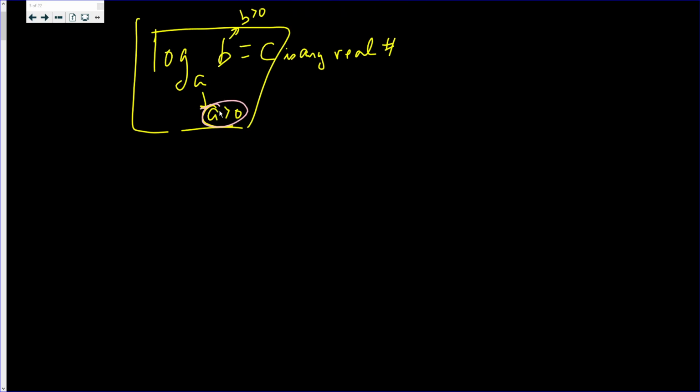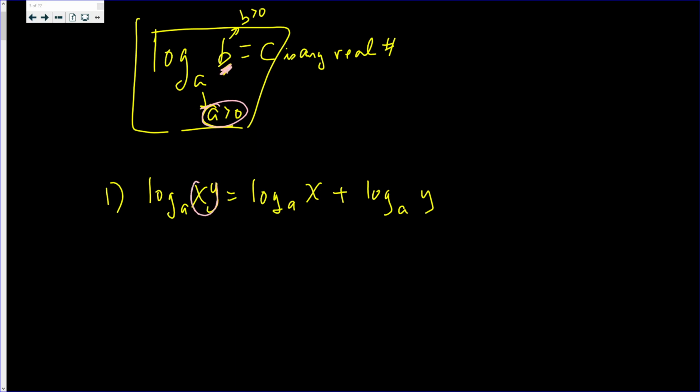Now we have some rules. And one rule is, if you have log base a of a product xy, this is the same as log base a of x plus log base a of y. Now we do have a couple constraints. Remember, b has to be positive. So this has to be positive, that has to be positive, and that has to be positive.